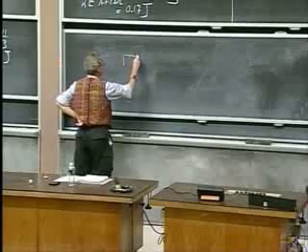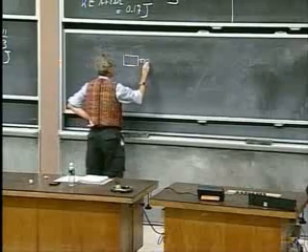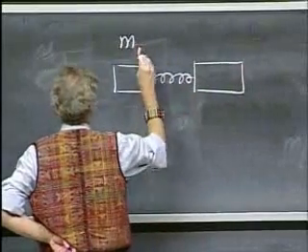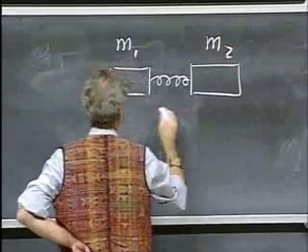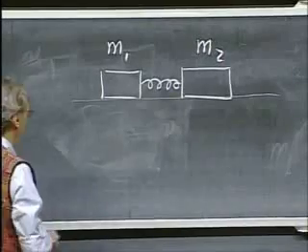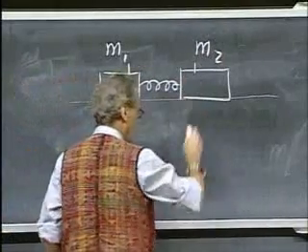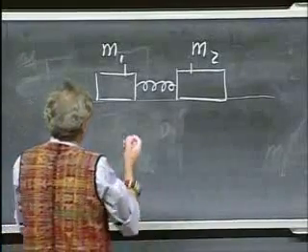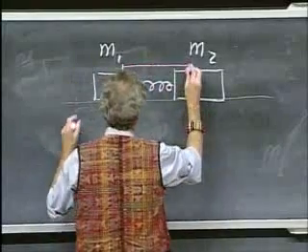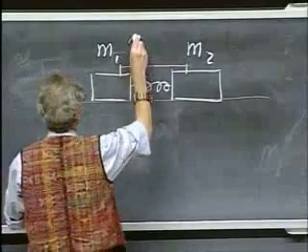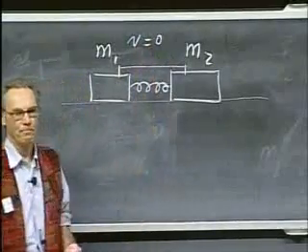So here is one car on the air track, then there is a spring, and there's another car. Let this mass be m1 and this mass be m2, and this surface is nearly frictionless. And I hold them together with a string so that I can pull the spring in. So this spring is compressed, and the whole system is at rest, V equals 0.